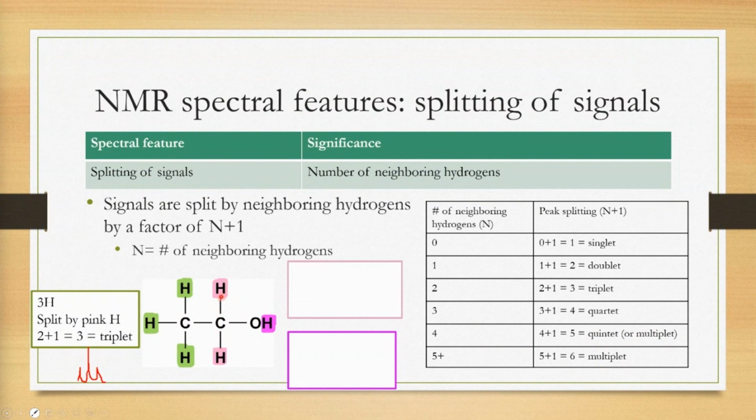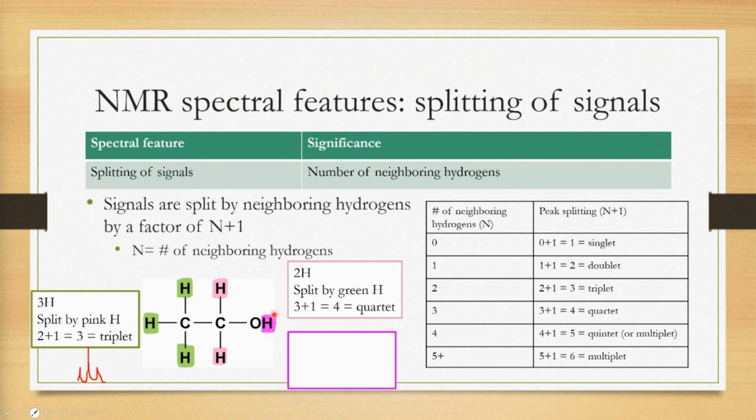So we'll say that these light pink hydrogens are split by these 3 green hydrogens. That gives us 3 plus 1, which equals a quartet peak. So these 2 hydrogens will show up as a quartet.